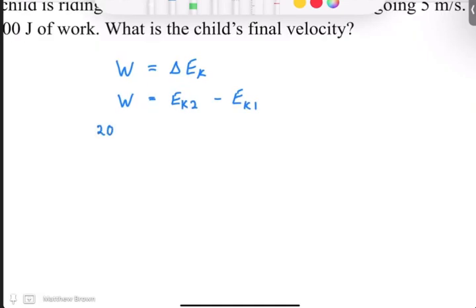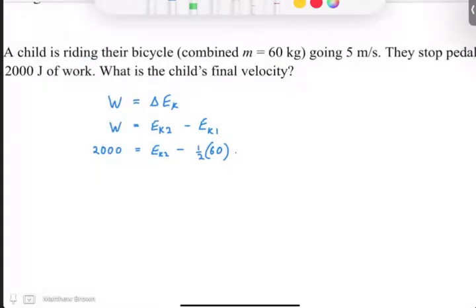We can say 2,000 equals EK2, which is what we want, or part of what we want, minus EK1, which is 1/2 times the mass, which is 60, times the initial speed, which was 5 squared. And we can actually put in more numbers than that.